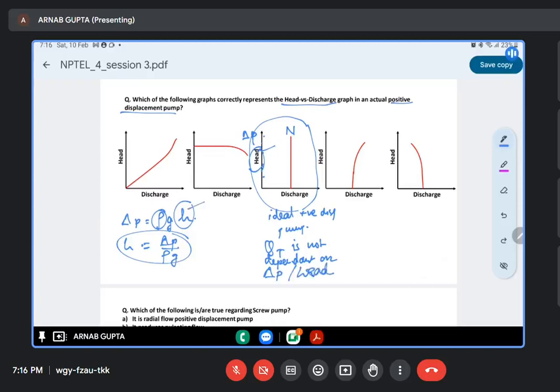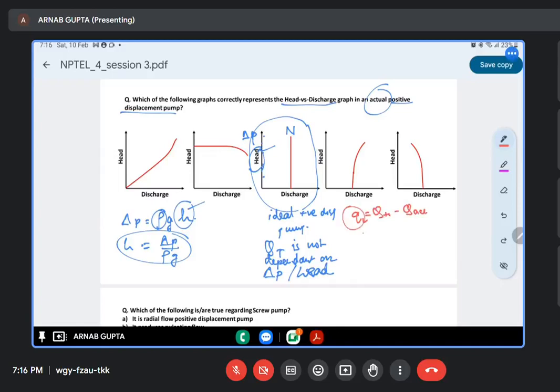But in case of an actual positive displacement pump, what happens? As the pressure increases at a particular speed, there are chances of elastic deformation of the components and also leakage happening between the mating parts, in the clearance gap between the mating parts. Due to that, QL comes into the picture. QL is nothing but the difference between the theoretical and the actual value of discharge.